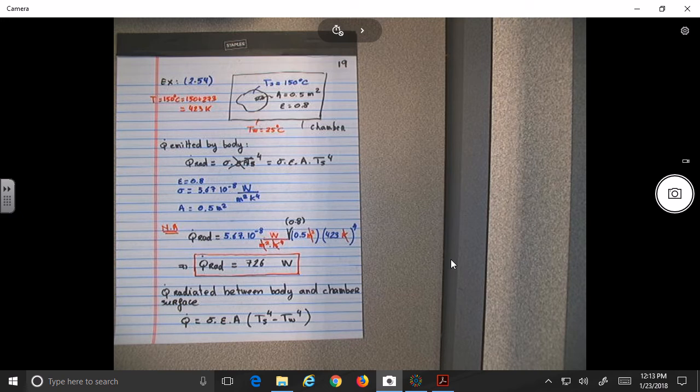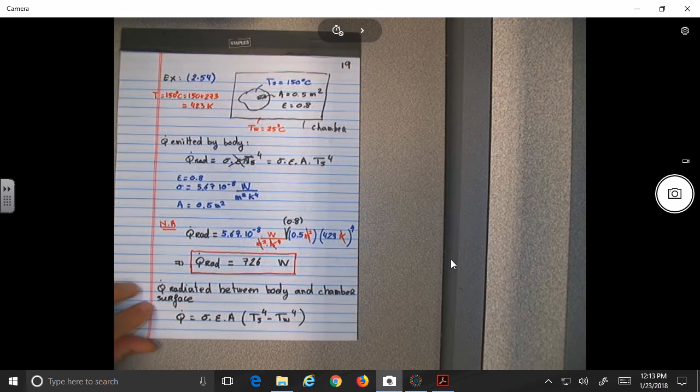So if we do the calculation as before, but I'm not going to put the units anymore because we know they cancel out.